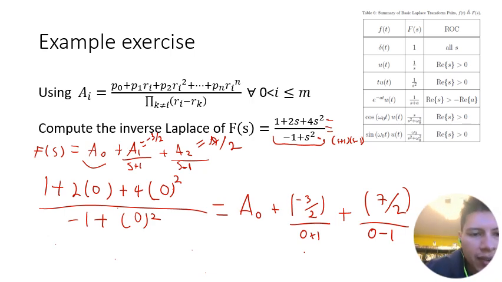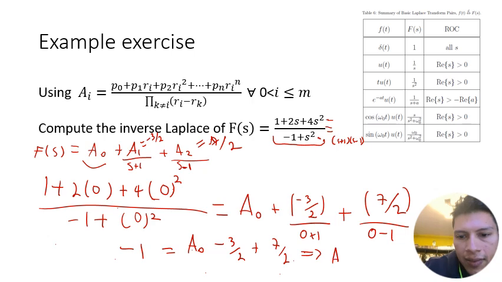On the left-hand side we just have -1, which is equal to a0 minus 3 over 2 plus 7 over 2, and that gives us that a0 equals... wait, sorry, not -2, -1.